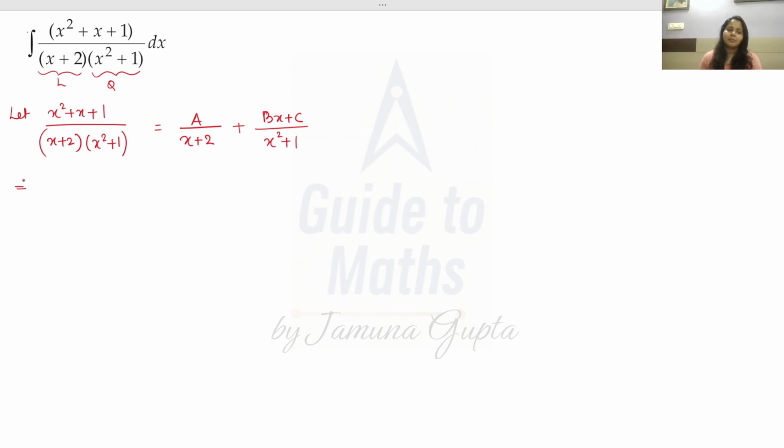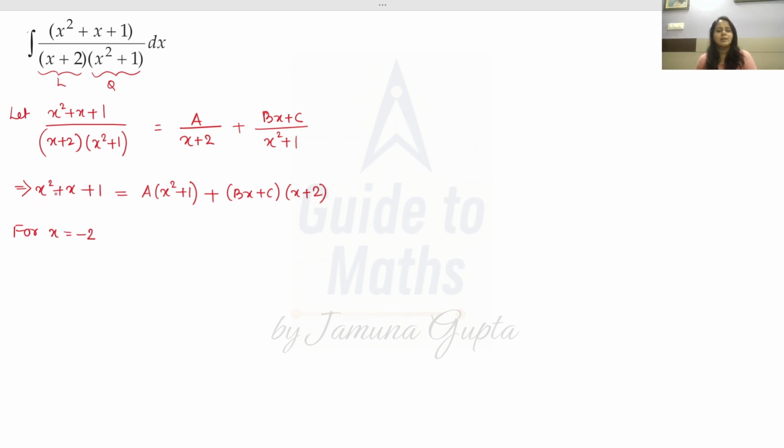Now, similarly to the previous one, we will take the LCM and cancel the denominators. So it will be x square plus x plus 1 equals a into x square plus 1 plus bx plus c into x plus 2. Now we will assume x as minus 2.